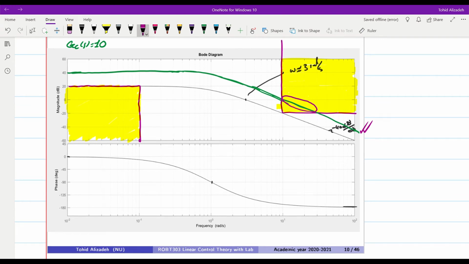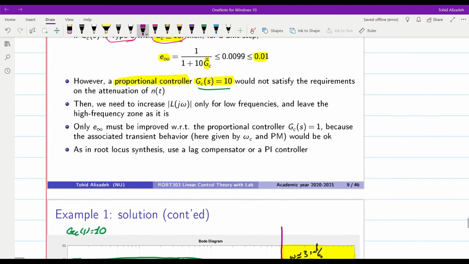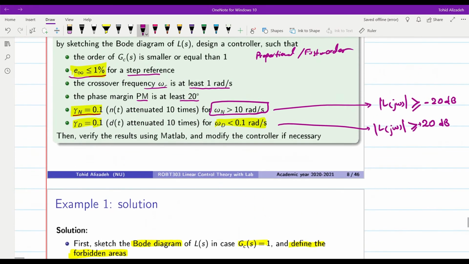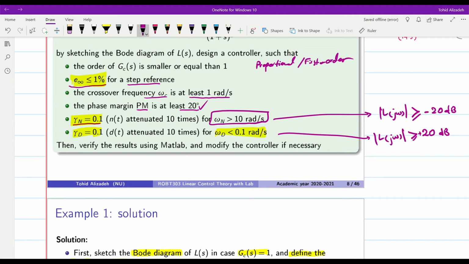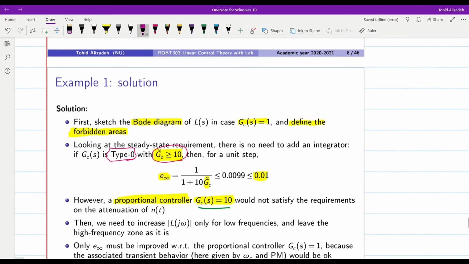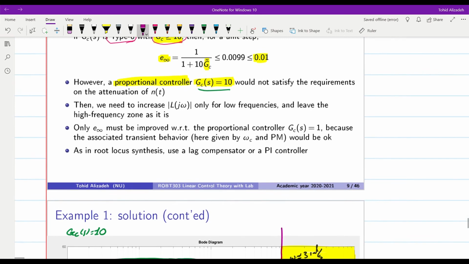It will move to maybe around 10 or even more than that. It will be 10 indeed, almost. And at 10 radians, the phase margin that we will get will be quite small. It might not even satisfy the requirement on the phase margin, which should be bigger than 20 degrees. So using the proportional controller with the gain of 10 is not a good solution.